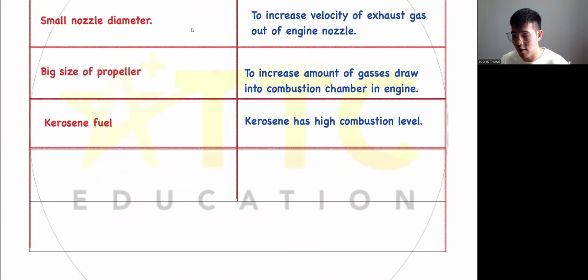That means if the combustion chamber is 1 liter, you can only pump 1 liter of kerosene into the combustion chamber, and then burn 1 liter at one time. But if the combustion chamber is 2 liter, you can pump 2 liter of fuel into it, and then burn the 2 liter of fuel at one time.